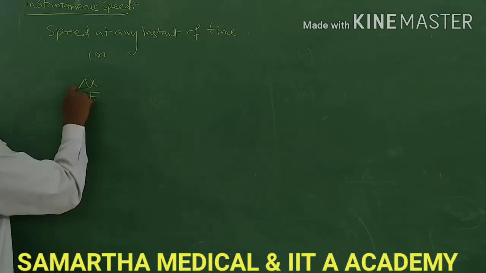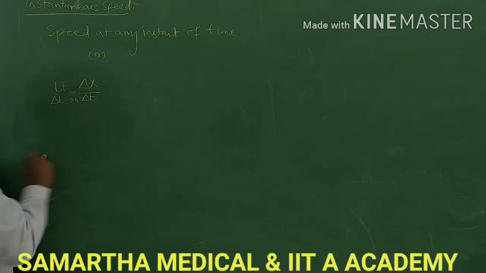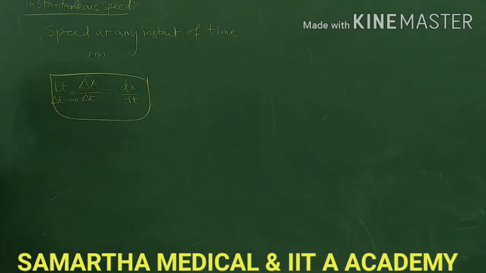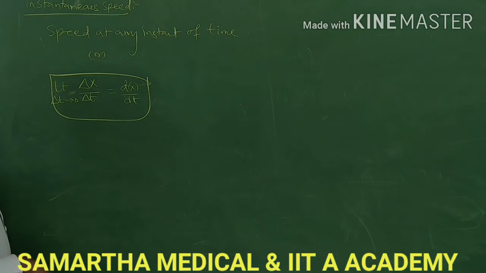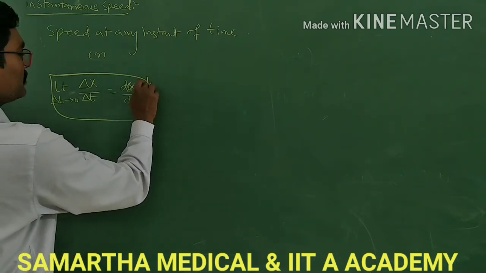Average speed, limit delta x by delta t as delta t tends to 0, can be written as dx by dt. So what is this dx by dt? It is d by dt of the position vector, displacement, with respect to time.